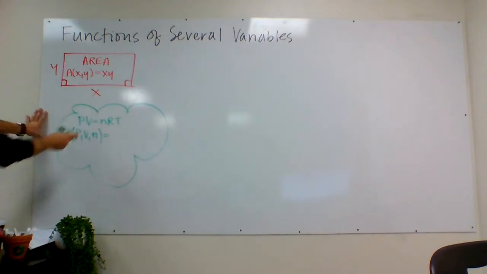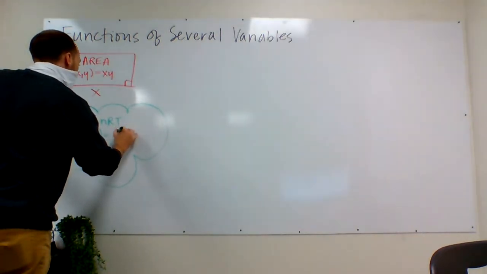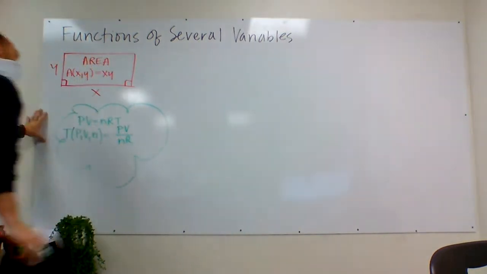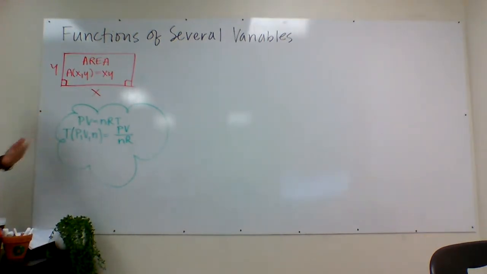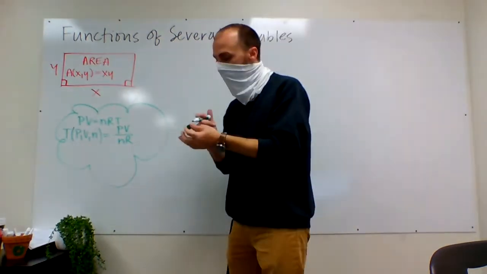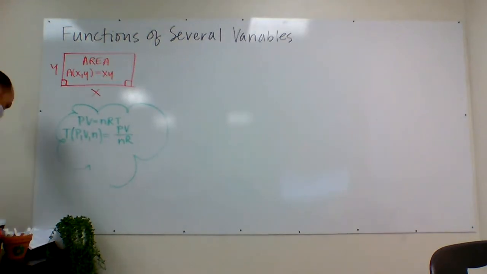And using some old-fashioned Algebra 1, T is PV over nR. Since R is a constant, we might put that in the front, but who knows. That's an example of a function of three variables that you're already familiar with, because most of you have taken quite a bit of chemistry.